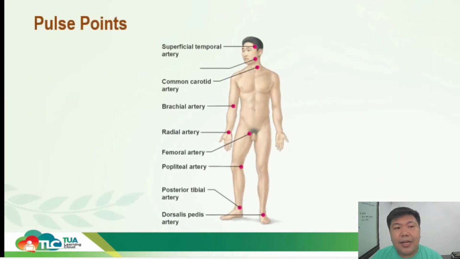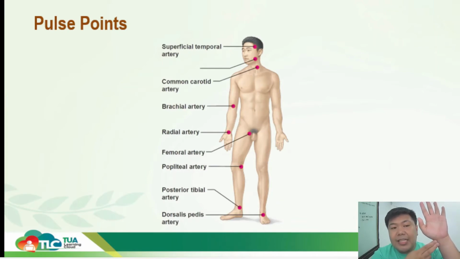So there are many pulse points in the body which you can use to get information about the cardiovascular system. I think the most popular ones are the radial artery, which is found at the bottom of our thumb here, no? So if you can put your middle and second digit onto that area, you will feel pulses there.